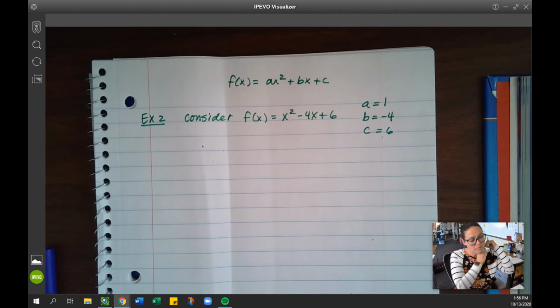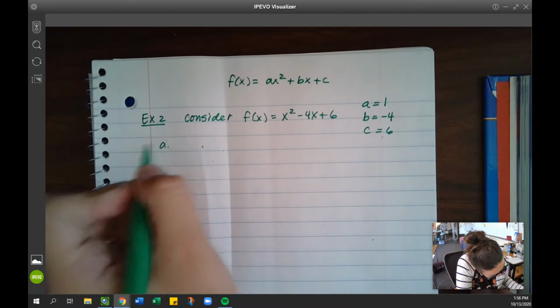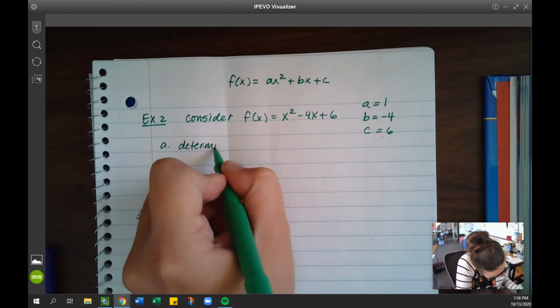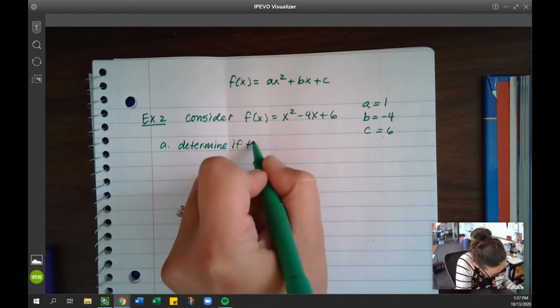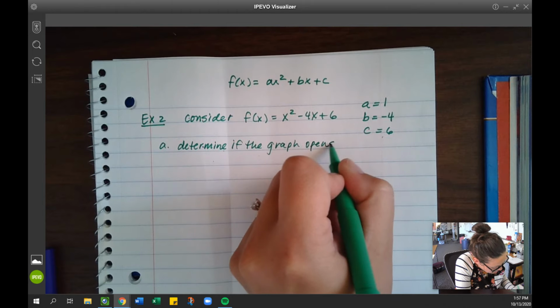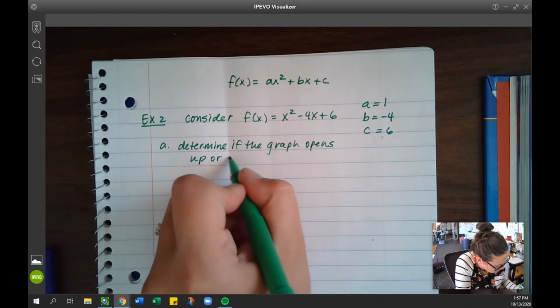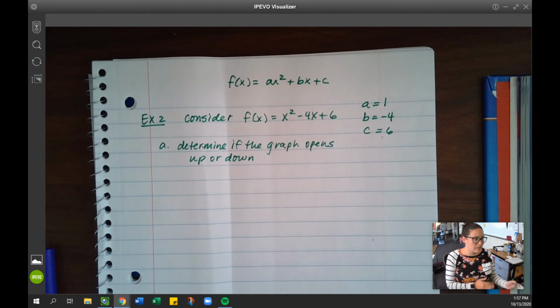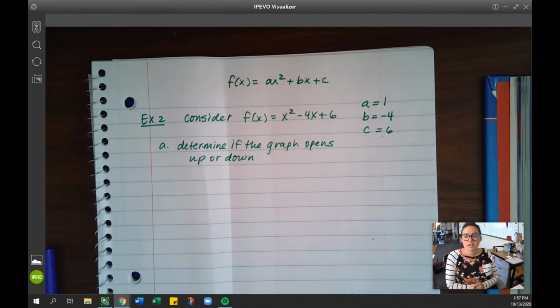All right. So let's talk about some things. A. Determine if the graph opens up or down. So I can know just by looking at the equation whether or not the graph opens up or down.